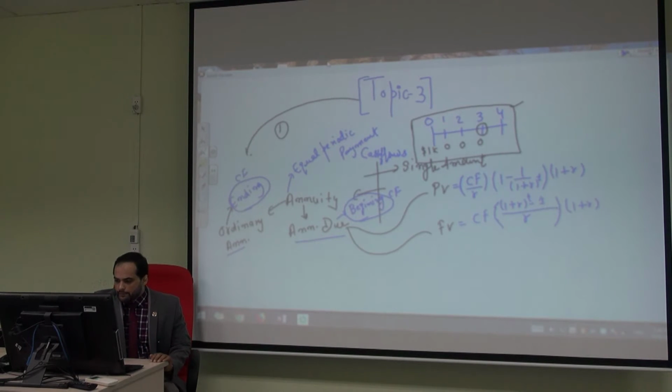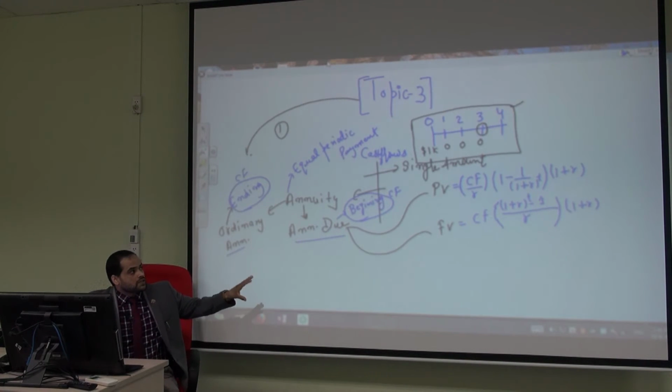Right? Okay. So same formula is for ordinary annuity as well, but the only difference is in ordinary annuity we are going to earn less money. If we are making investment using ordinary annuity, means if we are making investment at the end of the period, so in that case our value of investment, future value of investment, will be lower than the annuity due future value. Alright, so therefore the formula is almost the same except 1 plus R. Alright, so I write for you.